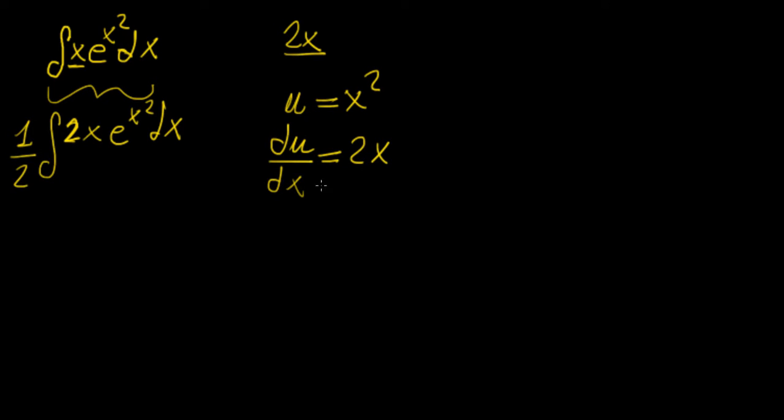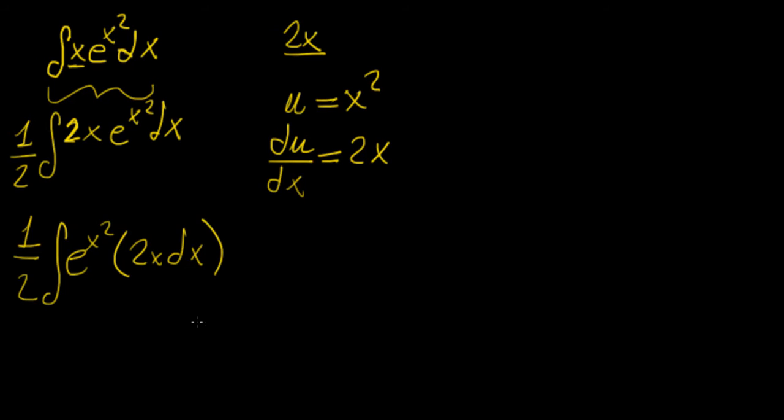Now, what can we do to this so that we have an expression for 2x times dx? Because we can rewrite this as the integral of e to the power of x squared times 2x dx. Well, we can multiply both sides by dx, and that's going to lead to the following expression. du is going to be equal to 2x times dx.